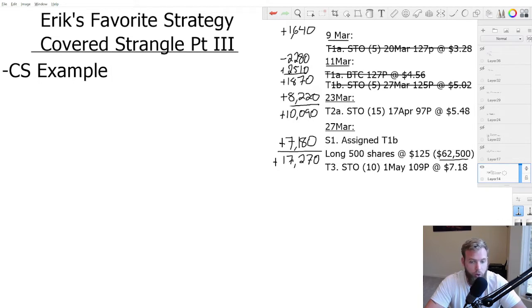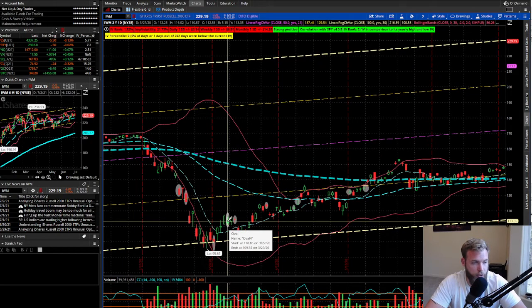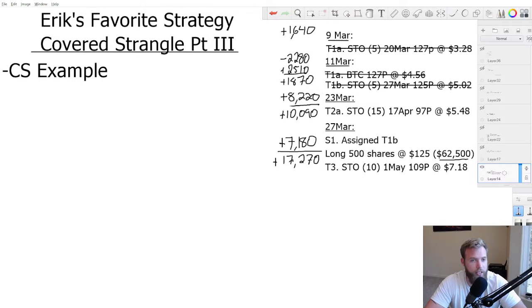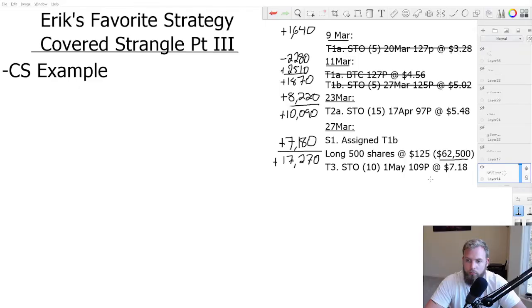So let's just take a quick look at 27 March. And that's right here. So I essentially allowed assignment over that weekend, I think, if I remember quick. Yeah. So the 27 March, this really was going to be assigned. So this, I just realized, this should actually be 30 March.